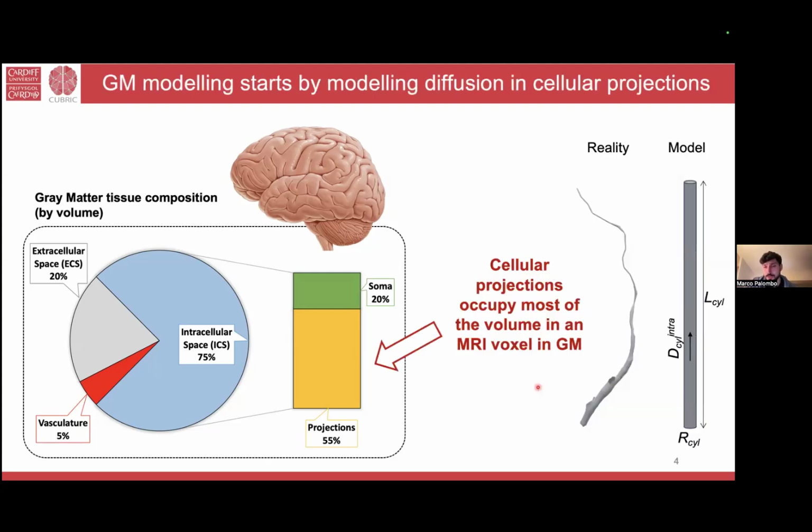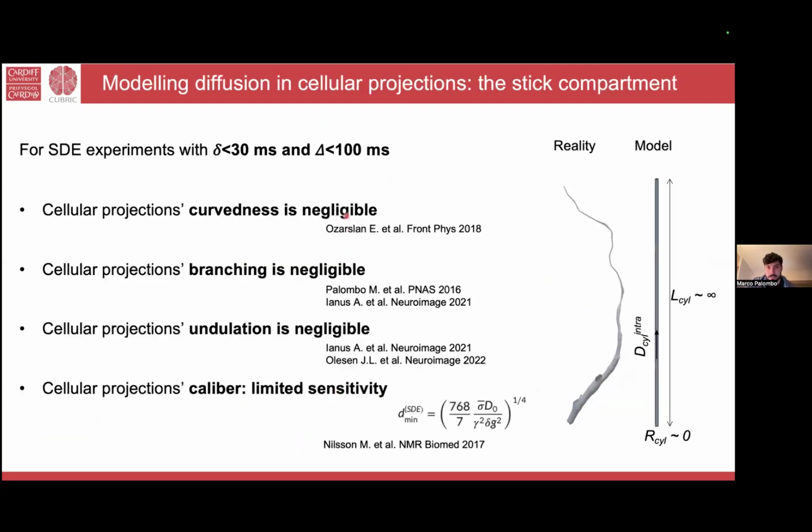Historically, gray matter modeling in diffusion MRI focused mostly on the cell fibers because it's the most abundant compartment. And there is plenty of literature demonstrating that in the experimental regime that we usually use for single diffusion encoding MRI, a lot of the features of the fibers, such as undulation and curvature and branching, are very much negligible.